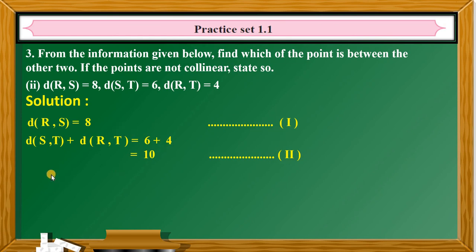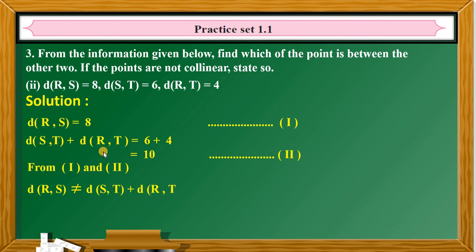Now from 1 and 2, what do we get? Are these distances equal? Is 8 equal to 10? No. So how do we write the statement? We write this in this manner: distance RS is not equal to distance ST plus distance RT. Now when it is not equal, I have already told you the points will not be collinear.